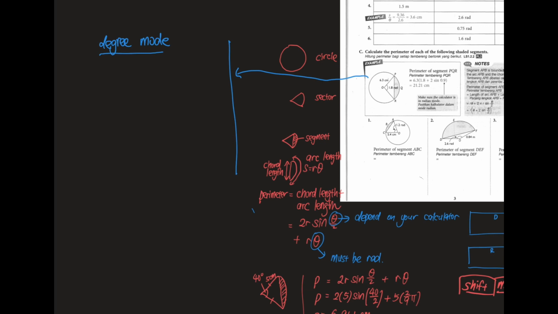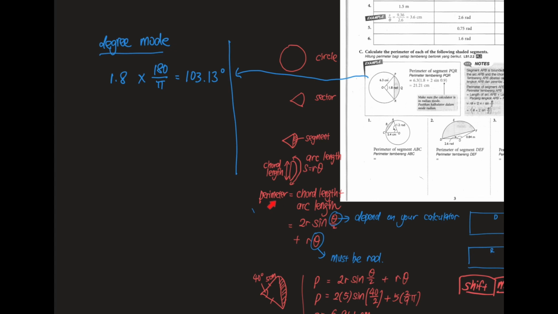Now let's discuss what to do. First you change 1.8 to degree, times 180 over pi. 1.8 times 180 over pi, I get 103.13 degrees. Okay, I have degree here.